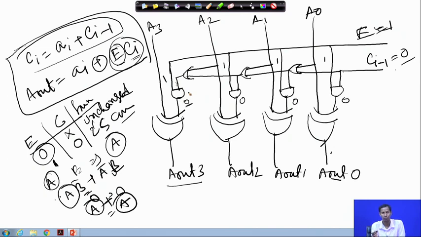And what is the logic behind 2's complement? That means you just add 1 to the 1's complement circuit, right. So, that we are basically doing whenever we put E equals 1 and C equals 0. At that time the carry generated from the previous stage or previous section is being forwarded to the left hand side and that is added or XORed to get the corresponding 2's complement circuit. Okay.